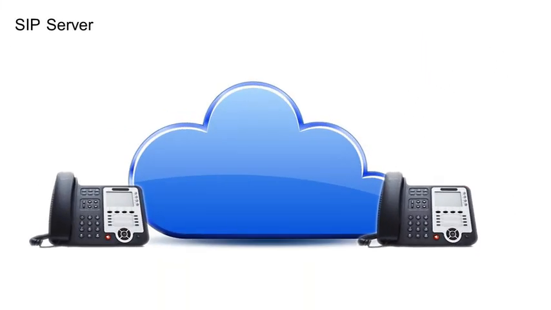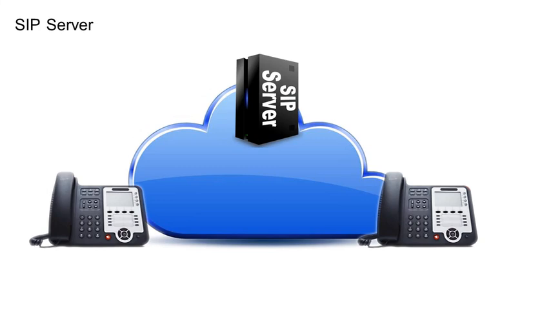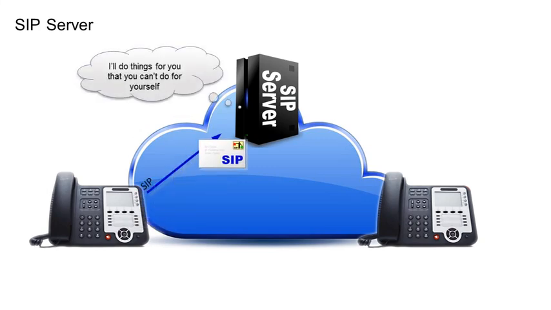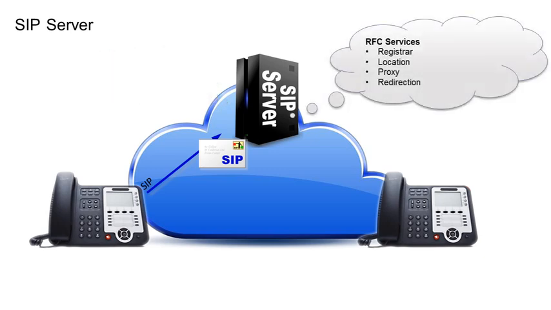Now, the SIP server typically sits in the network core, doing things for endpoints that they can't do for themselves. The SIP specification, RFC 3261, defines 4 foundation services, including the registrar and location service. And being extensible, there's also a whole bunch of other services defined by various SIP extensions.